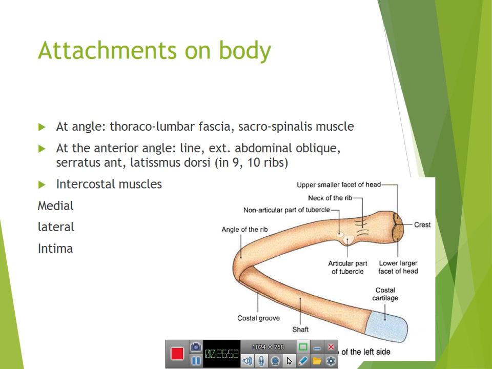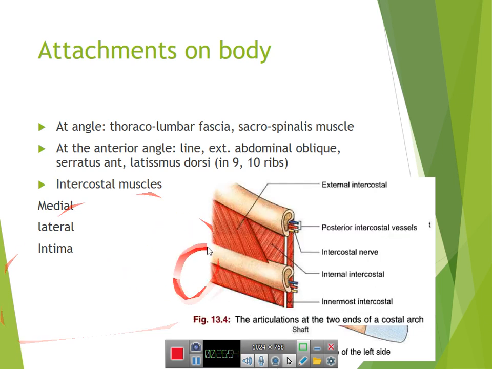As you can see in this picture, we have ribs in the upper and ribs in the lower position. We have an intercostal space here that is equipped with intercostal muscles, named external intercostal muscles, internal intercostal muscles, and innermost intercostal muscles.